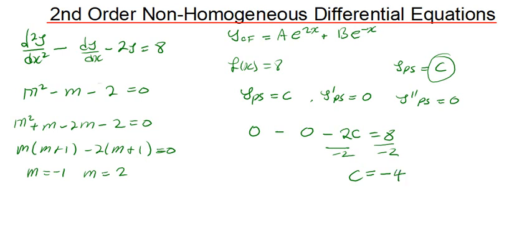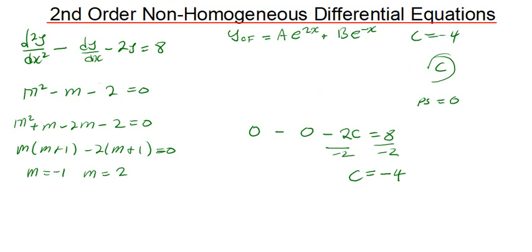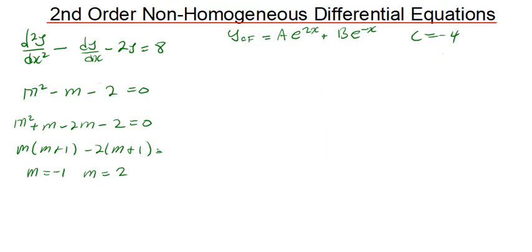So C equals negative 4, which is our particular solution by the method of undetermined coefficients.